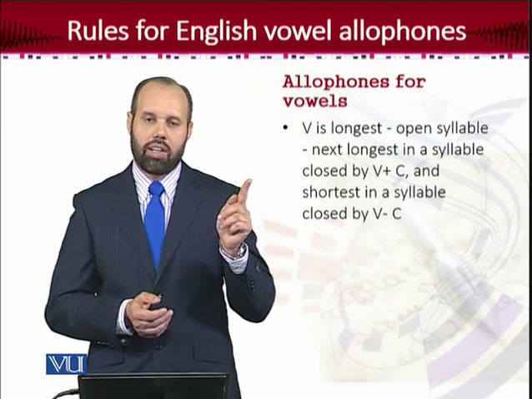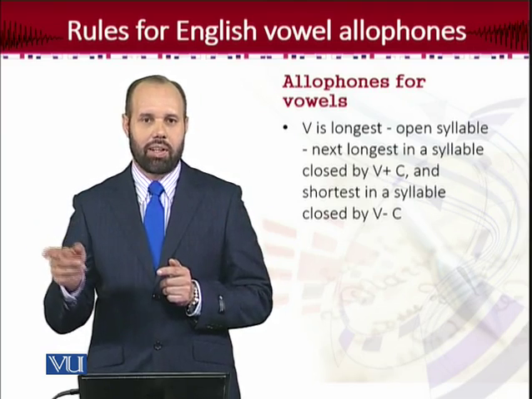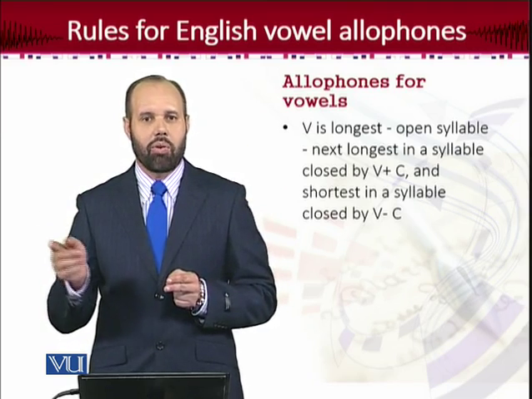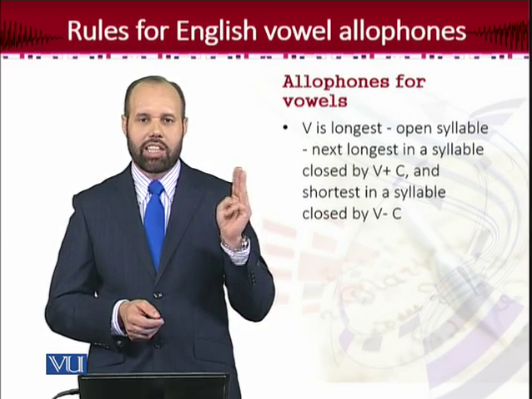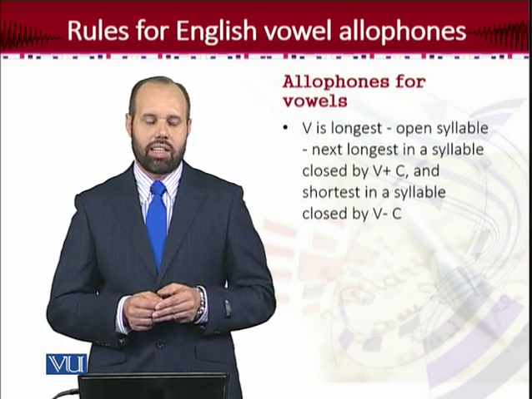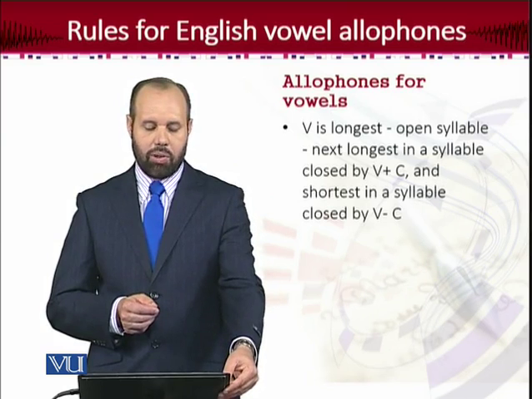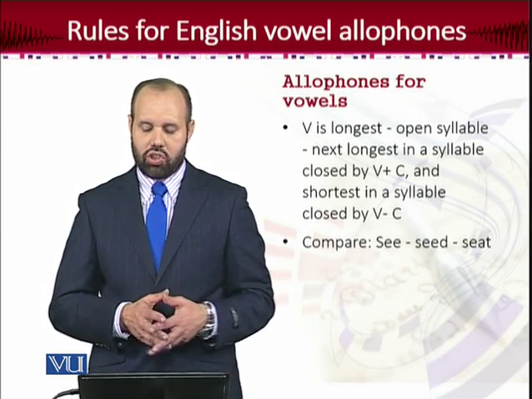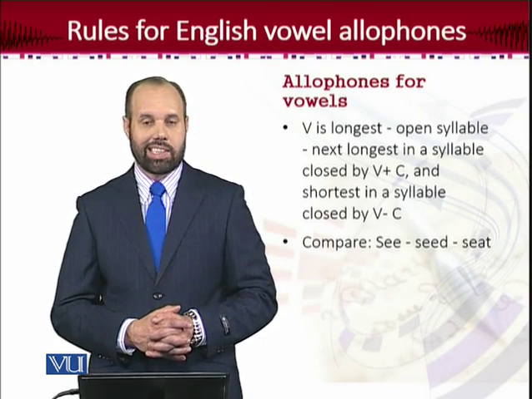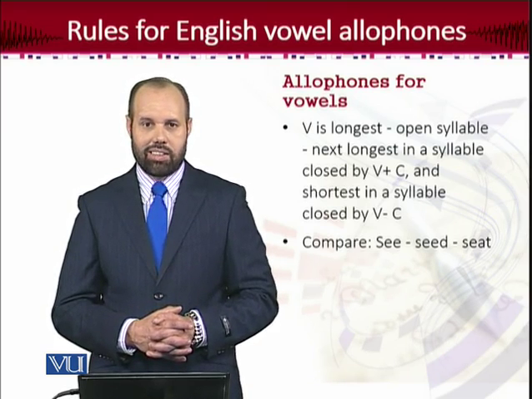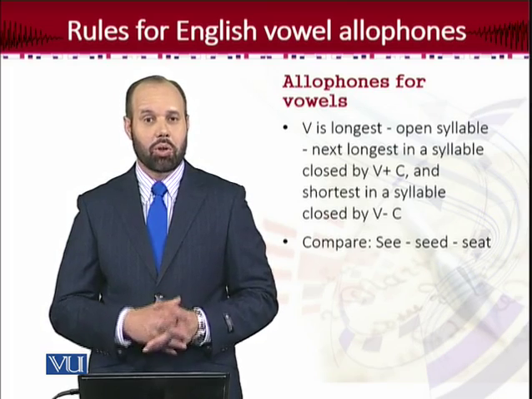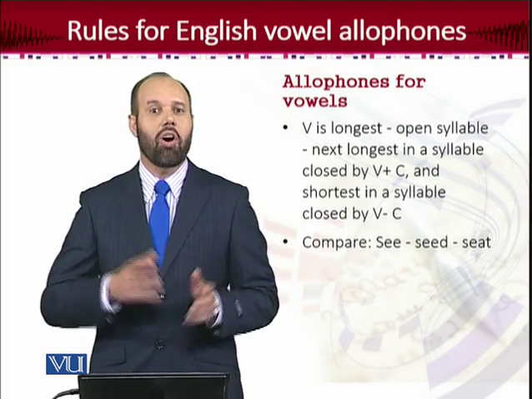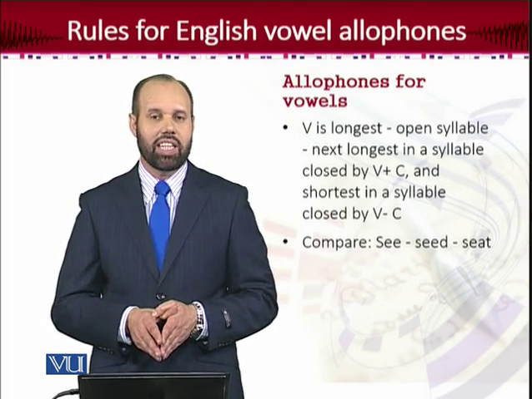The strongest vowel is in an open syllable. The second strongest vowel is when the syllable is closed with a voiced consonant. And the shortest vowel is found in a syllable which is closed with a voiceless consonant. And there are examples. Just compare these three words: see, seed, and seat. See has the strongest or longest form of the E vowel.